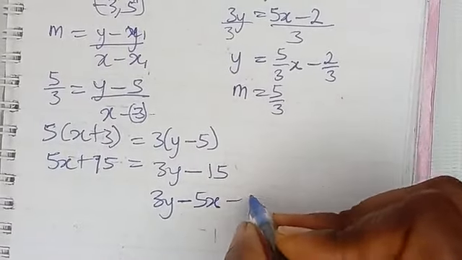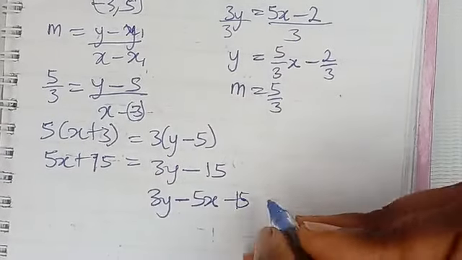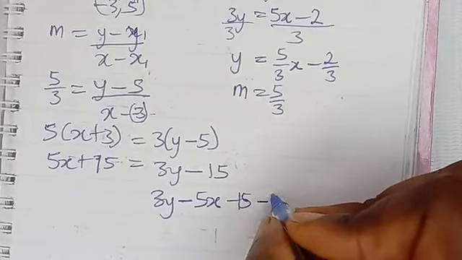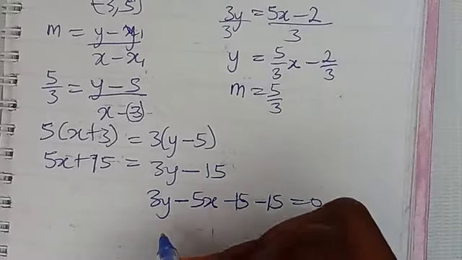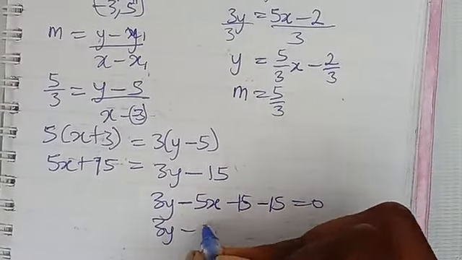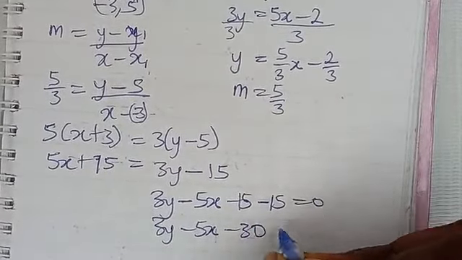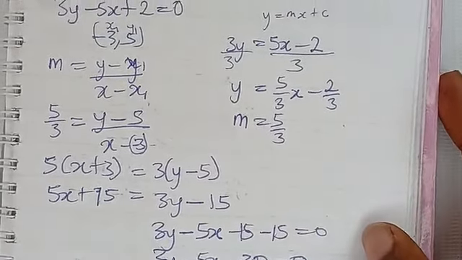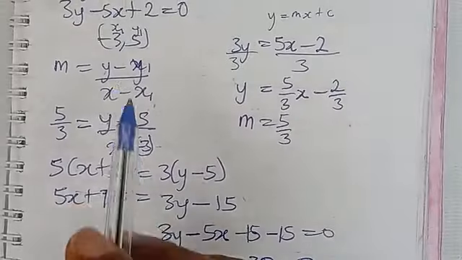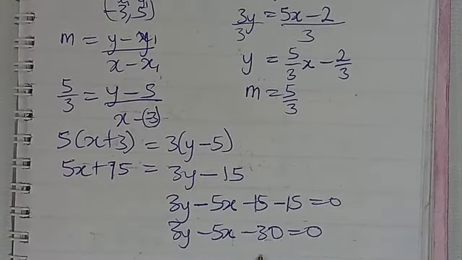And then the minus 15 is already here, right? And then this plus 15 comes over to still be minus 15. And then we can now equate it to 0. So we now have that 3y minus 5x minus 15 minus 15, that is minus 30, is equal to 0. So now we compare the two. We can see they look alike like parallel lines should. The only difference is in the constants.